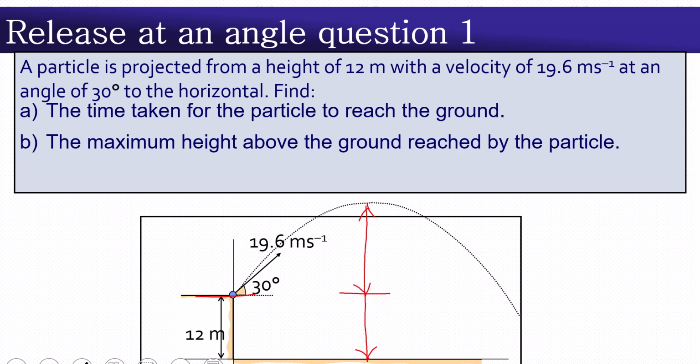So this distance here is 12 meters, so we don't need to calculate it. What is missing is this, and we can call it h. That means we have to calculate this h and add 12 because we already have our 12. So how can we calculate this? From the previous videos, we looked at how we can calculate maximum height for projection at an angle.